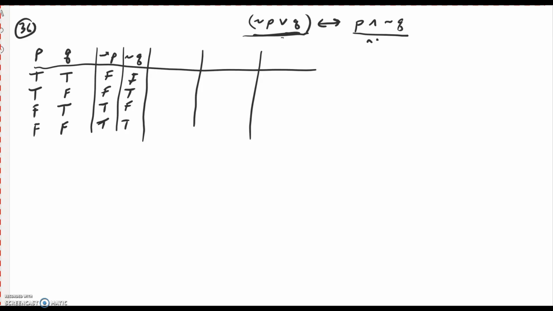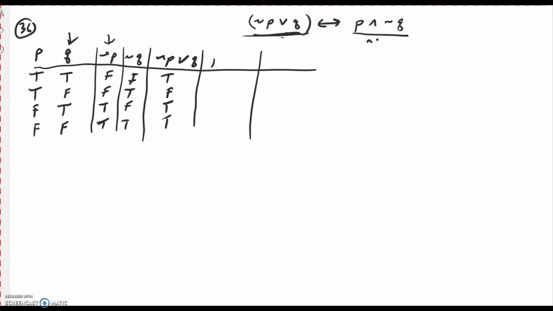Then, working on this one, we need not P or Q. That is this column and this column connected with an OR statement. ORs are only false when both of them are false.